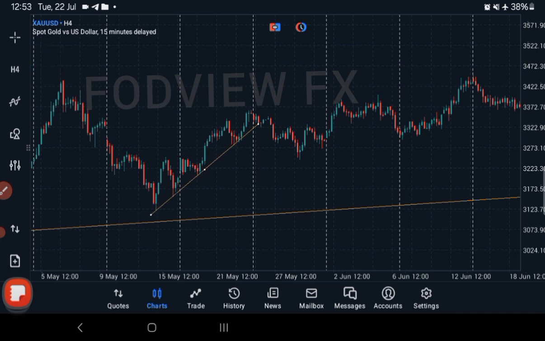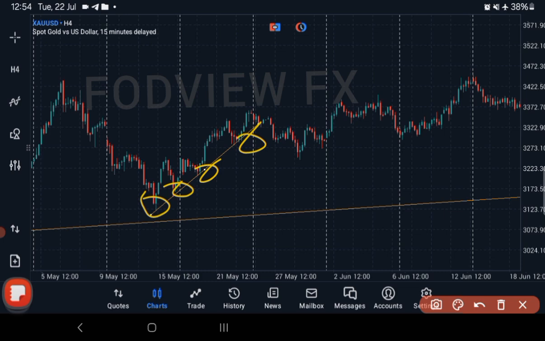Now at this point, we still have a touch here, and the last one. Now it helps you identify the key levels. This is simply how to place your trend line on a bullish trend.